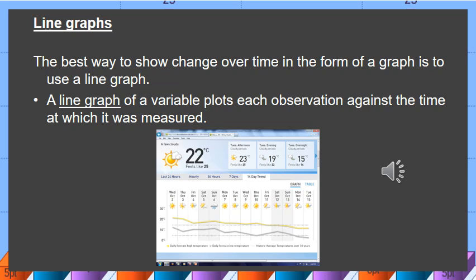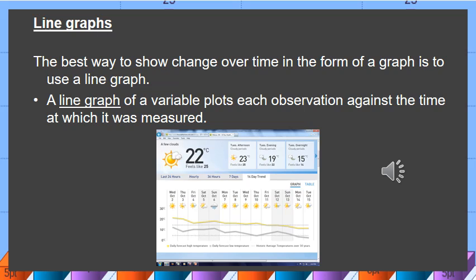A good example here that you see very often in the media is the weather forecast for the next 14 days. So on the y-axis, on the vertical axis, you have the number of degrees, Celsius degrees. And on the x-axis, the horizontal axis, you have how the degrees change over time.